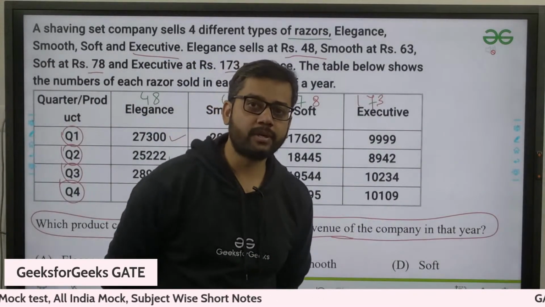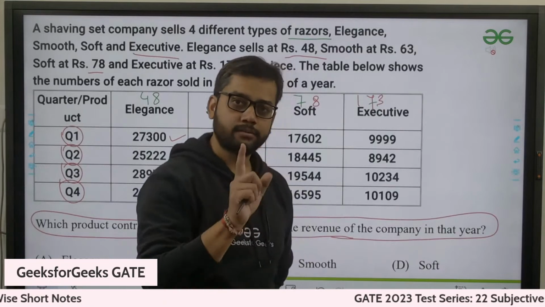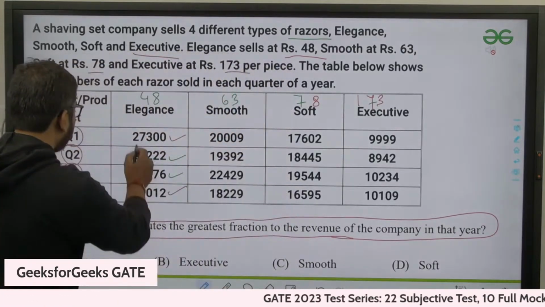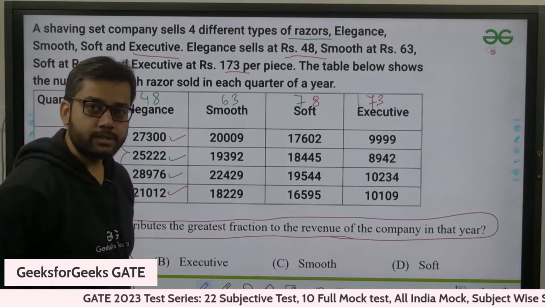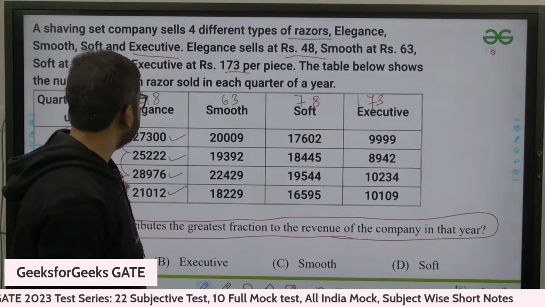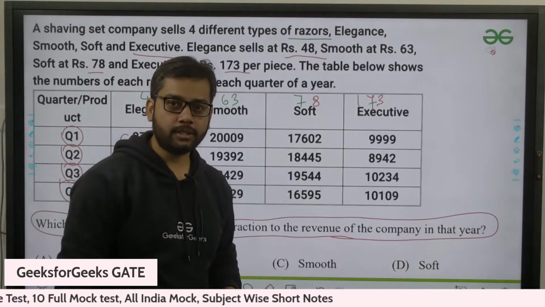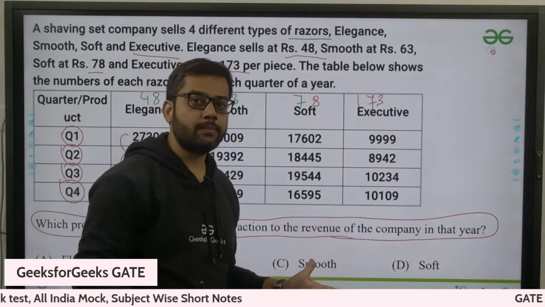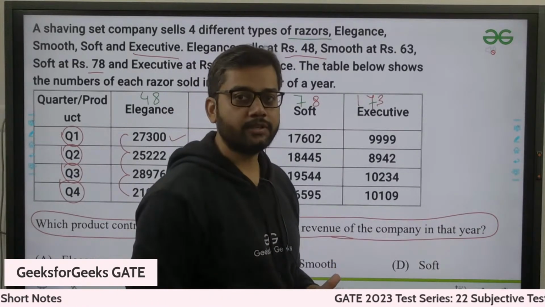First we find how much production is done in the entire year. If I add this part, this is our total production. Then multiply the total production by 48, and this is the revenue. Are you agreed on this? Because this is the amount we actually produced multiplied by the price.